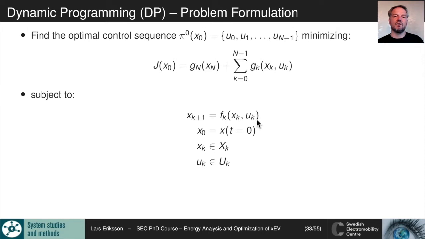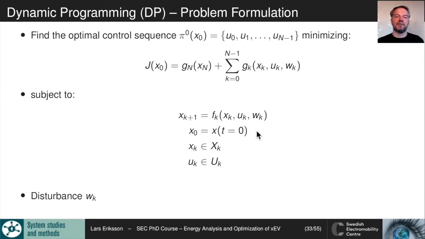This is called deterministic dynamic programming. If we add a disturbance here, the disturbance WK, that is stochastic, that we don't know everything about the problem. It might add a little bit of noise here, a little bit of noise here, and that disturbance then makes it stochastic dynamic programming.